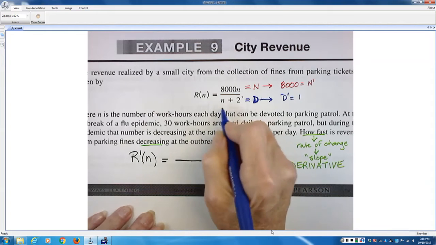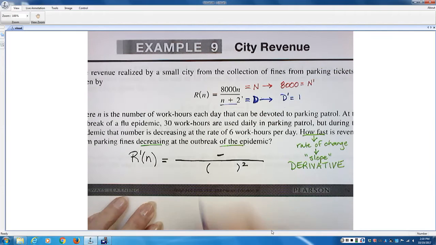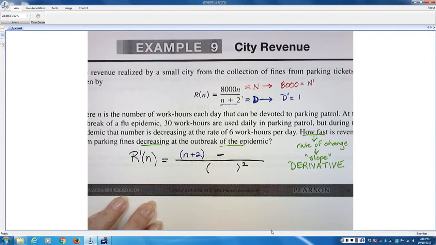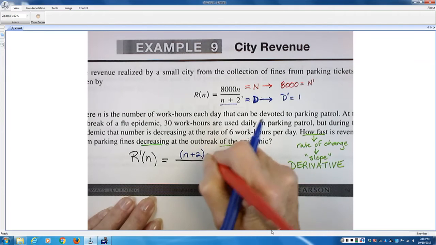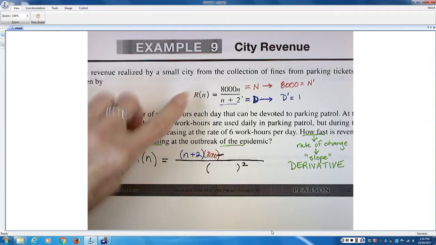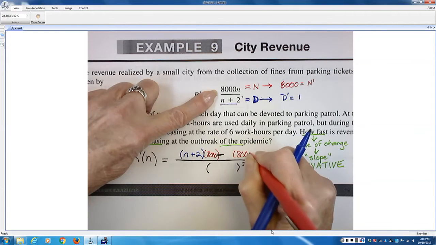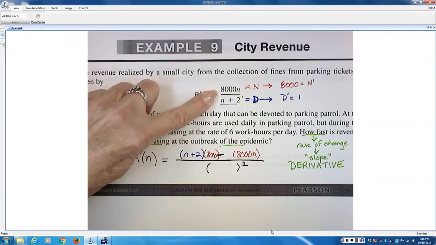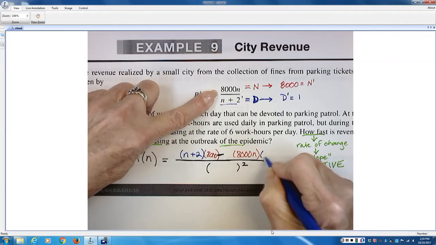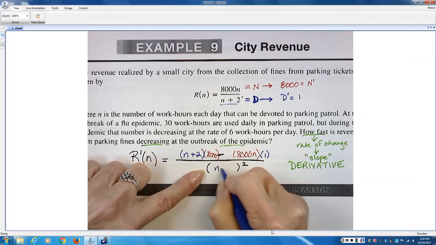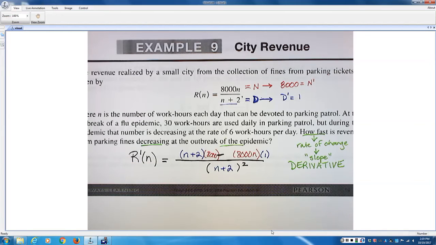So the pieces are, we lead off with the denominator, n plus 2, times the derivative of the numerator, which is 8,000, minus the numerator, which is 8,000n, times the derivative of the denominator, which is just 1, over n plus 2, quantity squared, because that's part of the derivative rule.